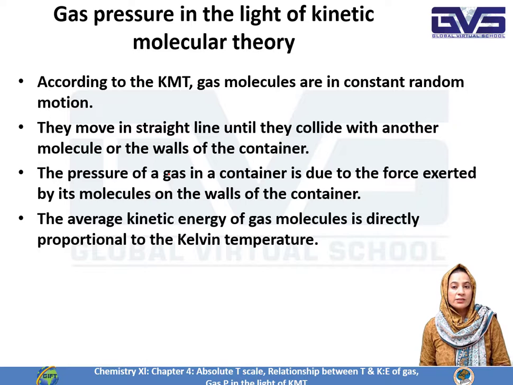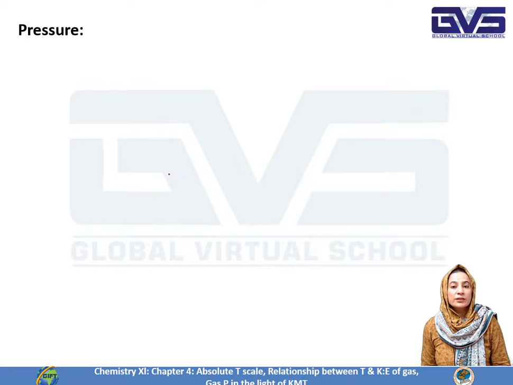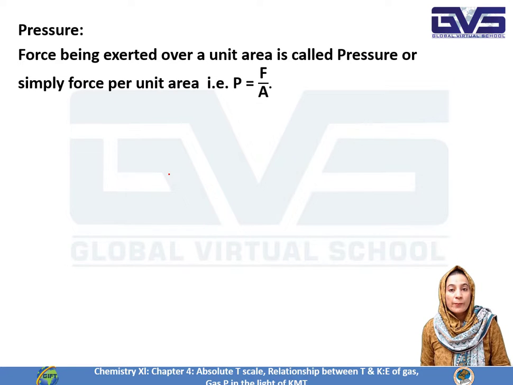If you decrease the temperature, then the collisions decrease, and the force with which they collide on the walls of the container decreases. So pressure, defined as force exerted over a unit area, or simply force per unit area. Mathematically we write pressure is equal to F over A, where F is the force and A is the area.